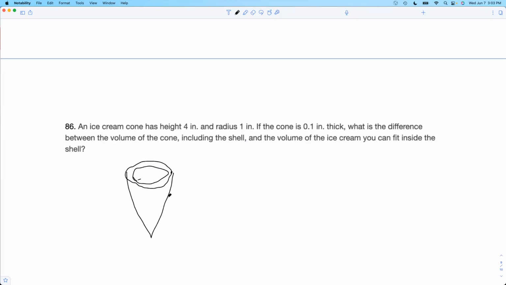How much volume does it take up without the hole in there? That's what we're doing. We're using differentials to approximate that volume, where this inner radius is 4 inches and the outer radius all the way out to the edge is 4.1 inches.